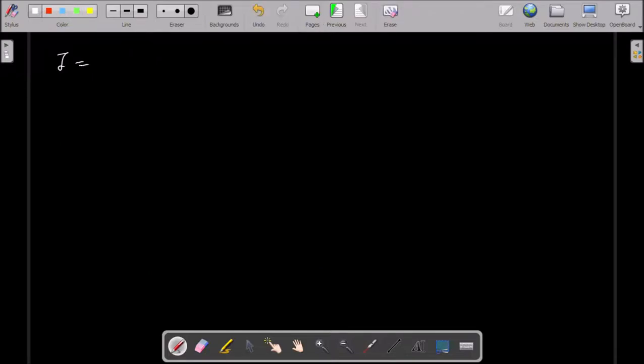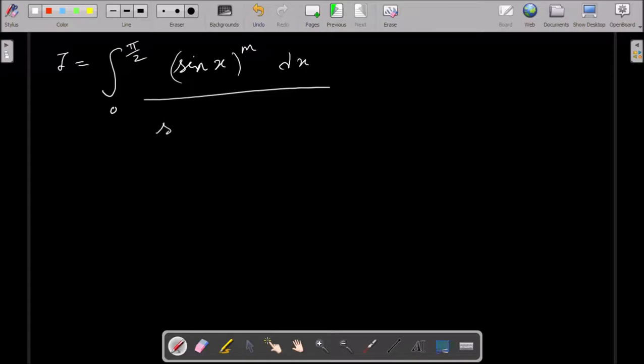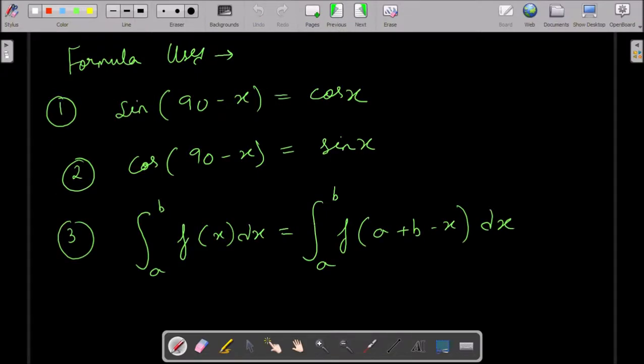I equals integration from 0 to pi by 2 sin x to the power m dx upon sin x to the power m plus cos x to the power m. So we will apply this third formula first.